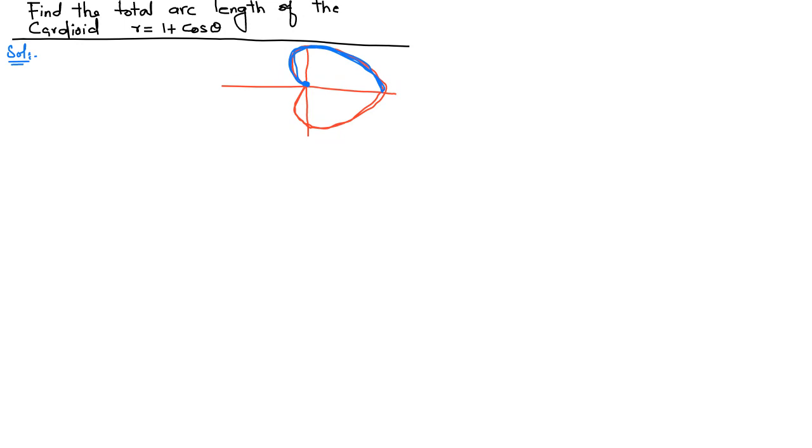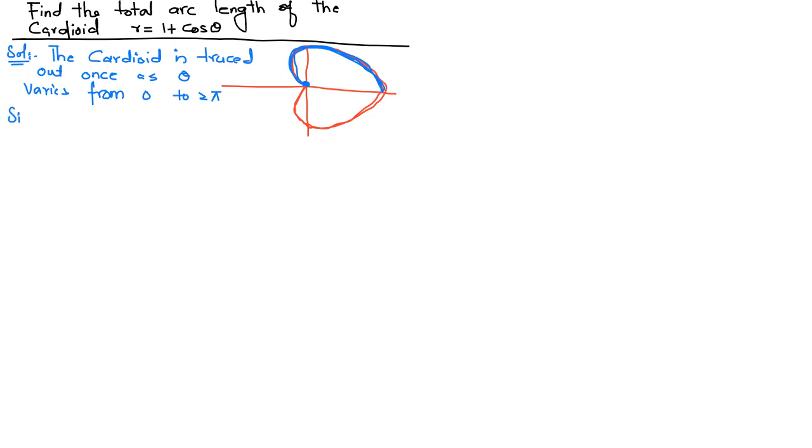So the cardioid solution: the cardioid is traced out once as theta varies from 0 to 2 pi, because this is the total cardioid. Total cardioid means the angle will be the full 0 to 2 pi.